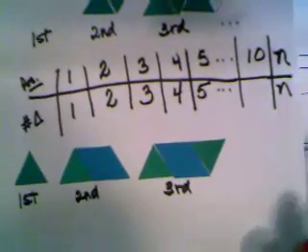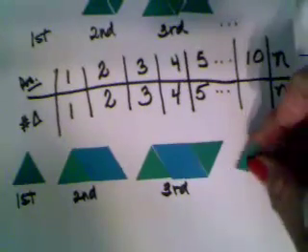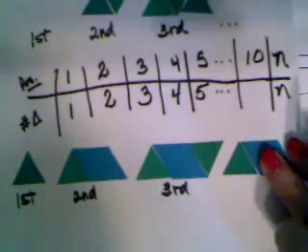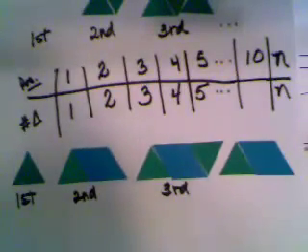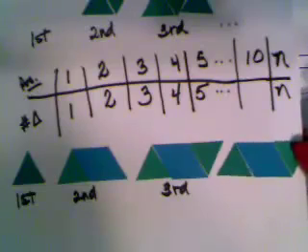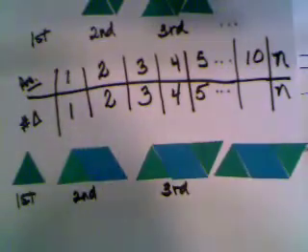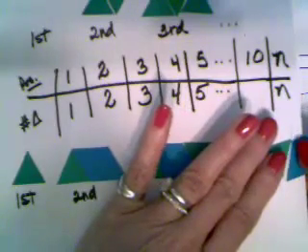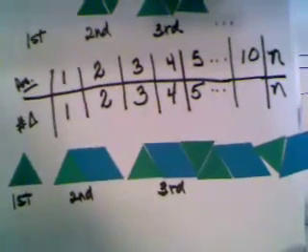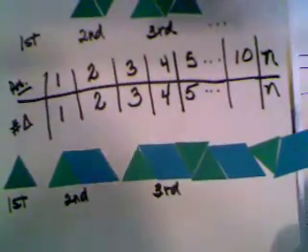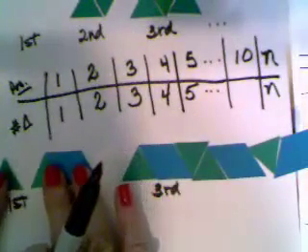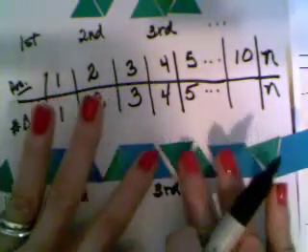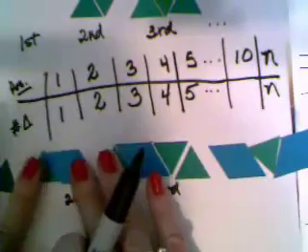In the fourth position, we would have a triangle, a parallelogram, a triangle, and a parallelogram. Need to scoot these over a little bit so that I can get all of them on the screen.